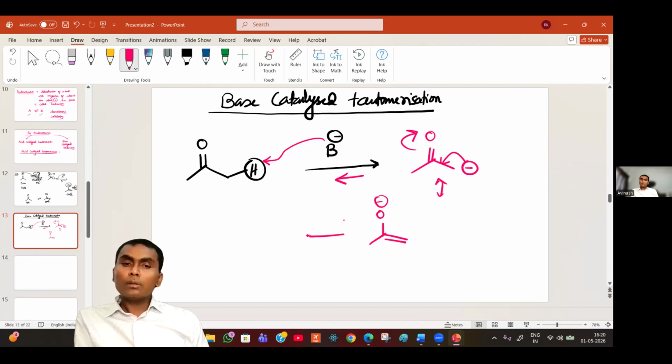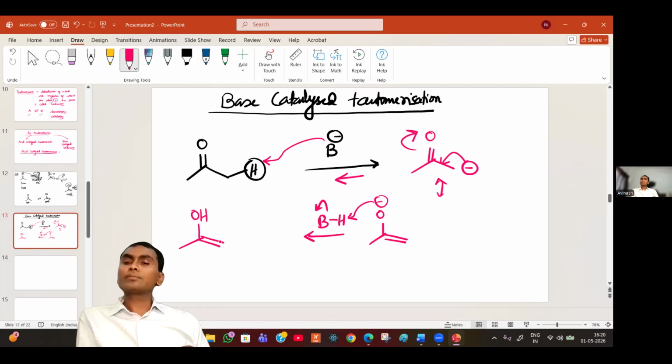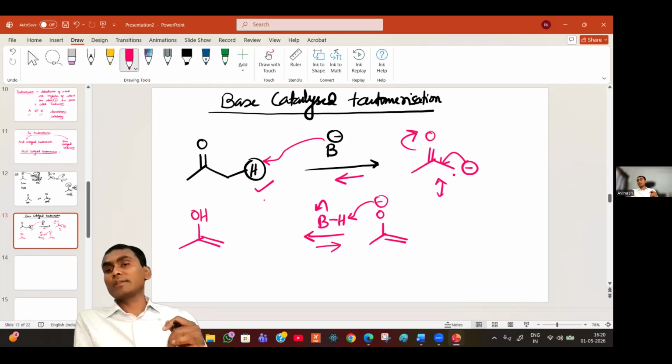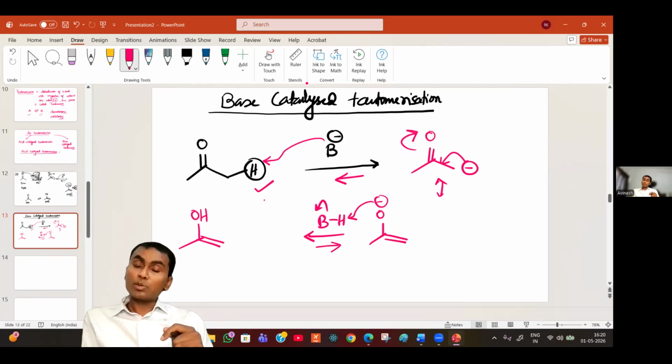And this H plus ion, this is BH. So this H traps, and this is OH, and this is the double bond. What you see here is that this hydrogen is acidic because it is under the effect of the minus M group. The negative charge resonates, and again an acid-base reaction occurs. Finally, only acid-base reaction and resonance occur here, so it is called base catalyzed tautomerization.